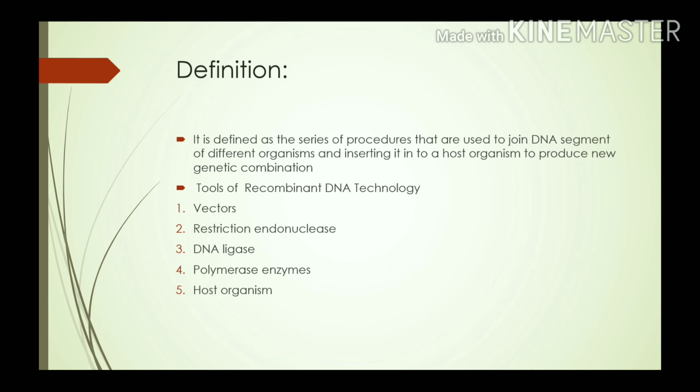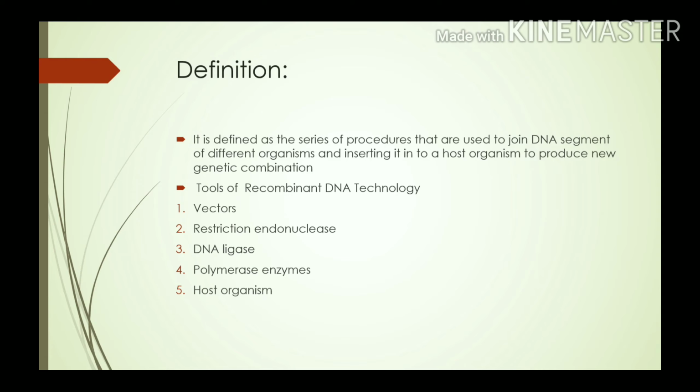Tools of recombinant DNA technology. In the previous videos we have discussed in detail the tools used in recombinant DNA technology. The tools used are vectors, nothing but cloning vectors, restriction endonuclease, DNA ligase, polymerase enzymes, and host organism.